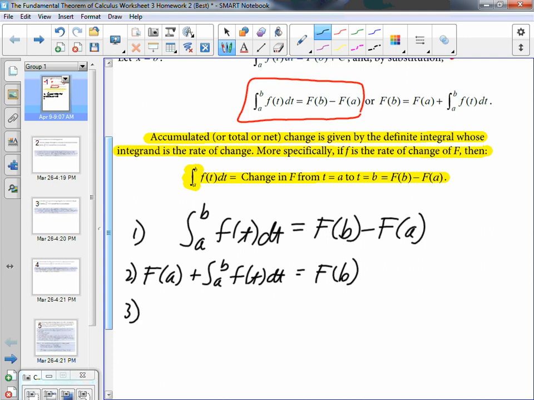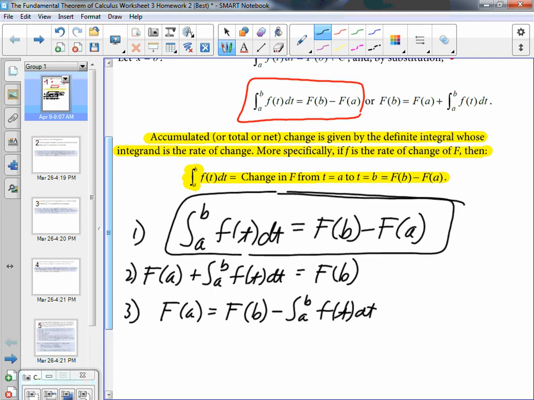Then if I subtract the integral from both sides, I get it solved for capital F of a. Don't memorize equation 2 and equation 3. Be aware that you can get them anytime you want, because you should remember that one.